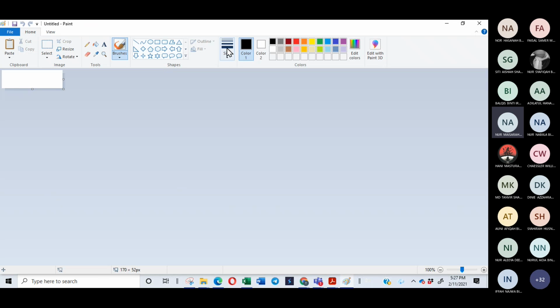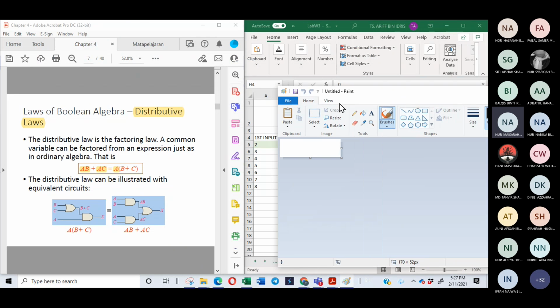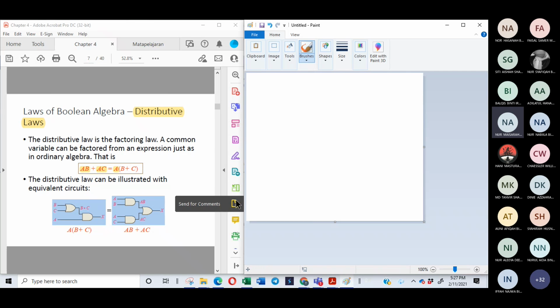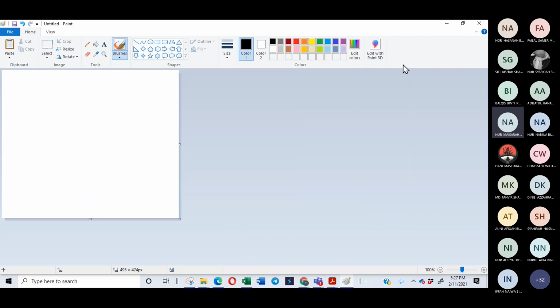Okay. Now I want to show you the logic gates. Later on, you can use the multimedia logic software in order to draw the gates.